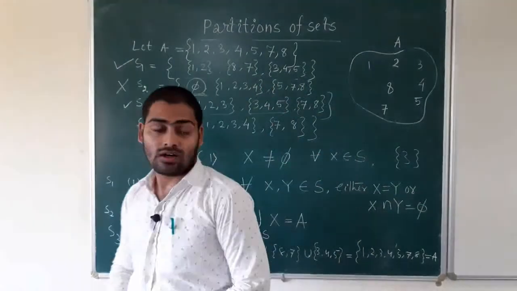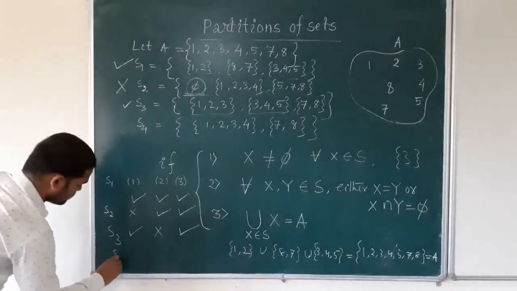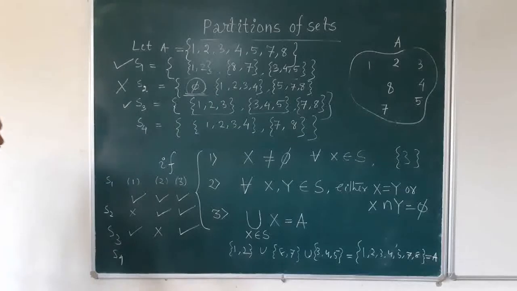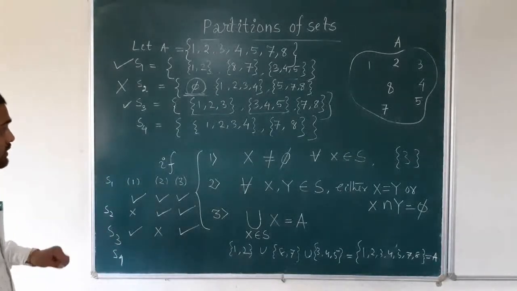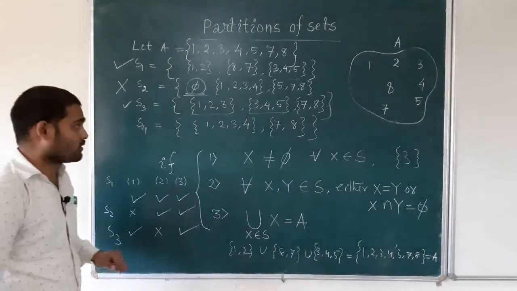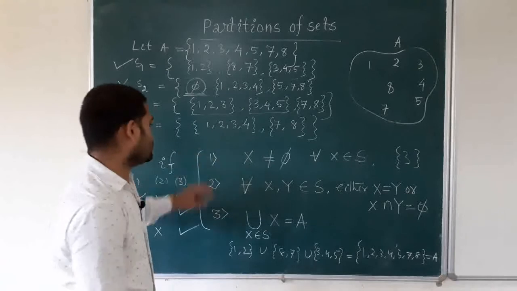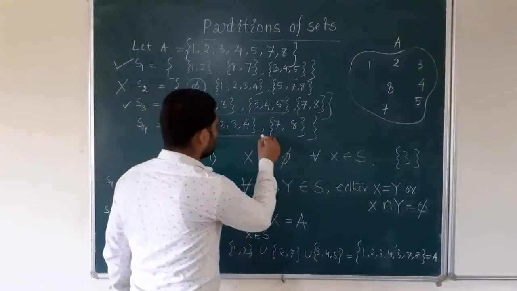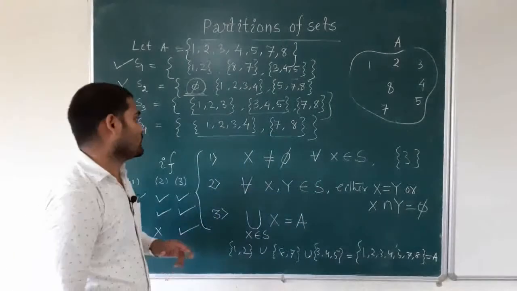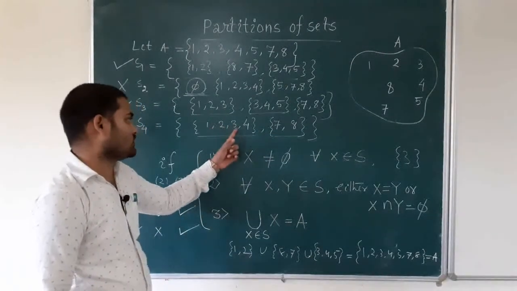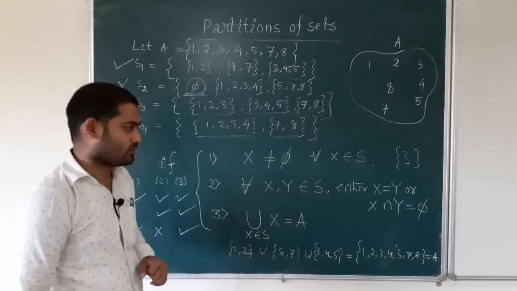Now come to S4. This set contains two subsets of set A. It contains 1, 2, 3, 4 and 7, 8.